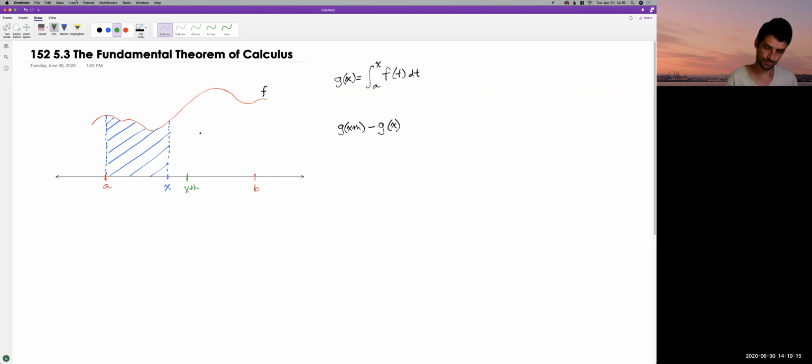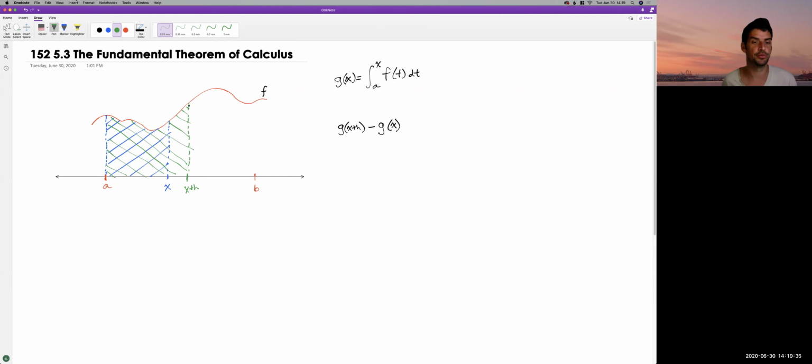Okay? Let's put in x plus h. G of x plus h would spit out the area from A all the way out to x plus h, right? I'm drawing this as if h is positive.